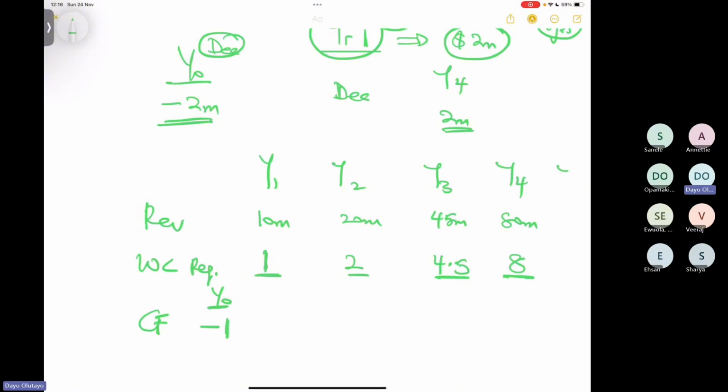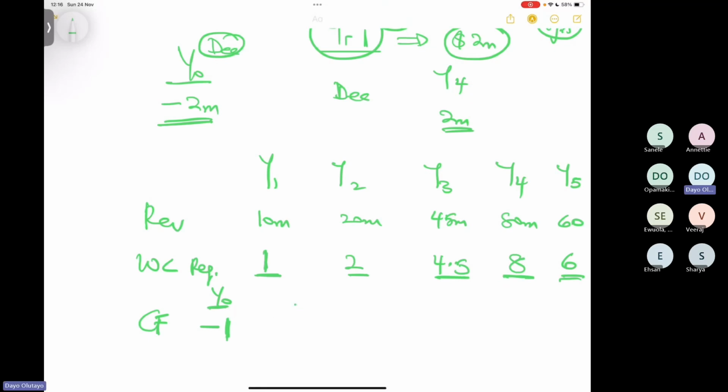But let me introduce year 5 because I want to do something. So let me make this one 60. Yeah, so we need 6 here. So which means in year 0, we need to buy the one that we need in year 1. So we already have 1. For year 1, the cash flow will be how much more do we need to buy to be ready for year 2? Because by January year 2, we must have 2. But we already have 1 in year 1.